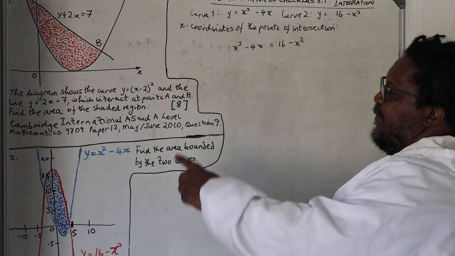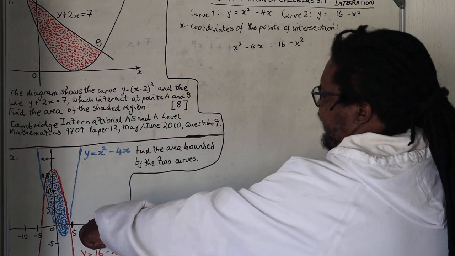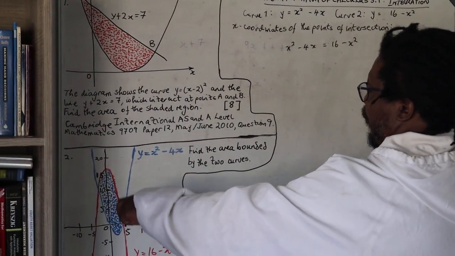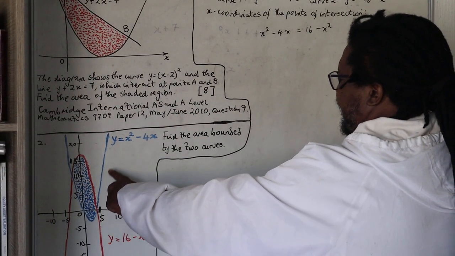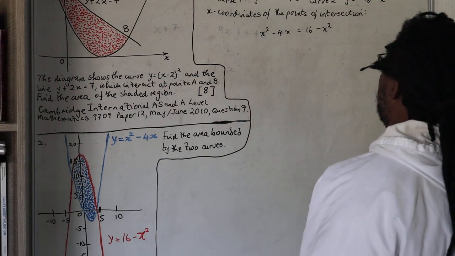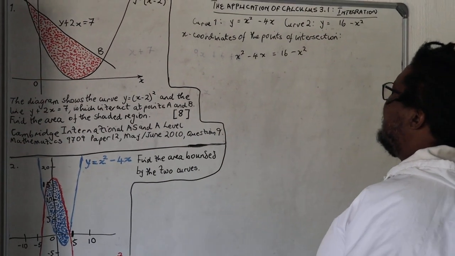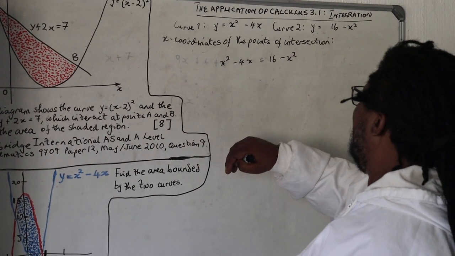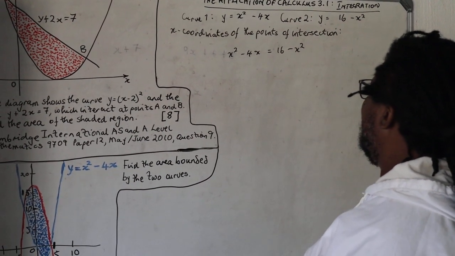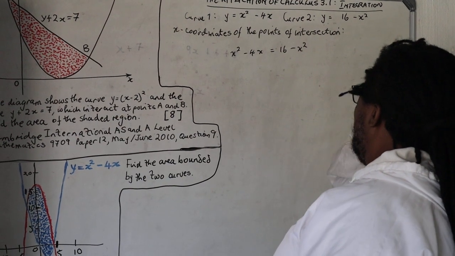Always remember that the points where the curves meet, the coordinates of those points satisfy the equations of both curves. So it is correct for us to say at that point the first curve is equal to the second curve.